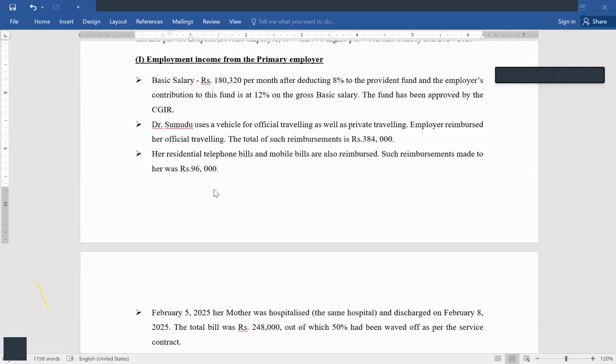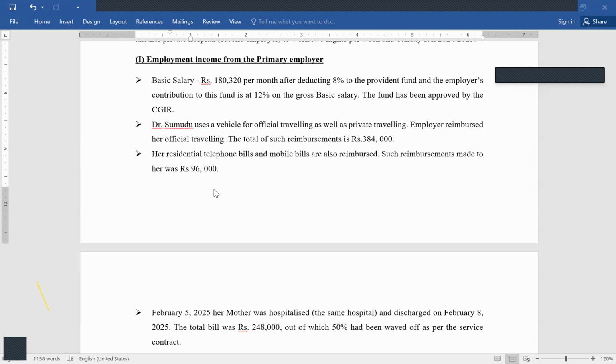Dr. Sumudu spent some amount for official purpose. That amount was reimbursed by the employer. Dr. Sumudu also spent some amount for her private use.